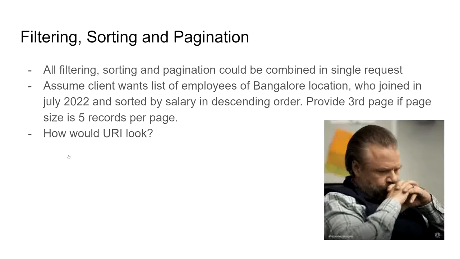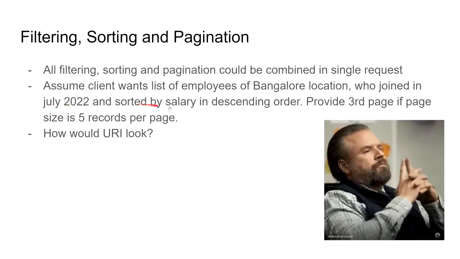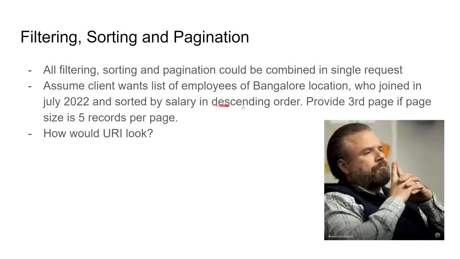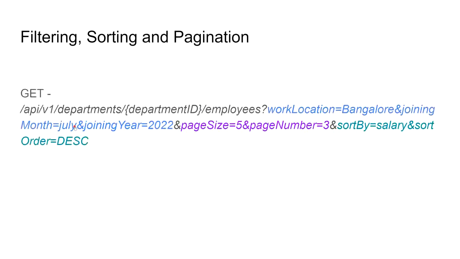So let's take an example where you are doing filtering, sorting, pagination, all the things. Let's say you want a list of employees who work at Bangalore, who joined in July 2022, and you want it sorted by salary in descending order, and you want the third page where page size is 5. All right, so how would your URI look? We know that it's a GET request, so the verb would be GET.